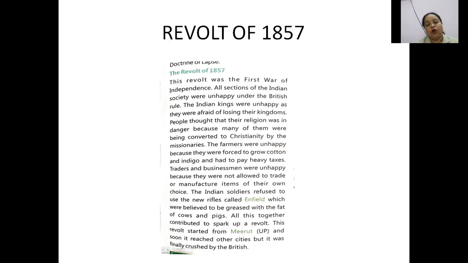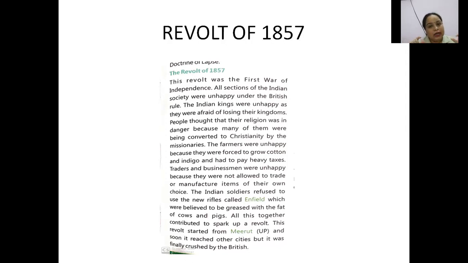So what you had to do was open it, tear that covering with the mouth, then insert it inside the gun and fire it. Understood this thing? Should I explain? I'll explain once again. First, there is a gun, that is called the Enfield rifle.